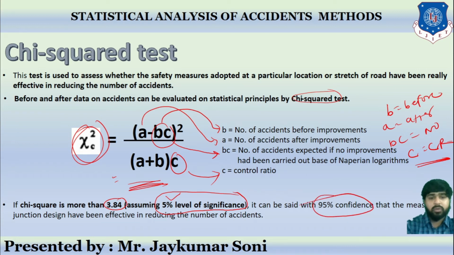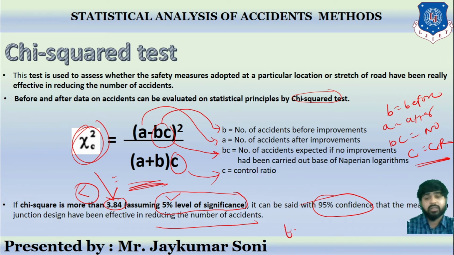If this value is more than 3.84, then it can be said with 95% confidence that measures in junction have been effective in reducing the number of accidents. And if it is less than 3.84, that means the measures are not that much effective or useful.